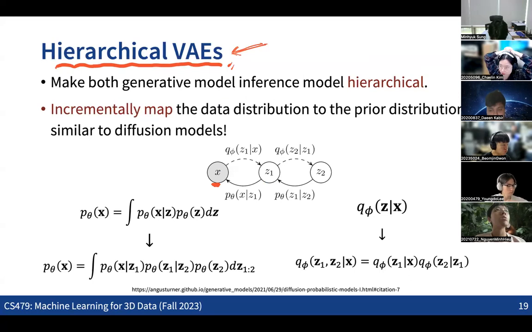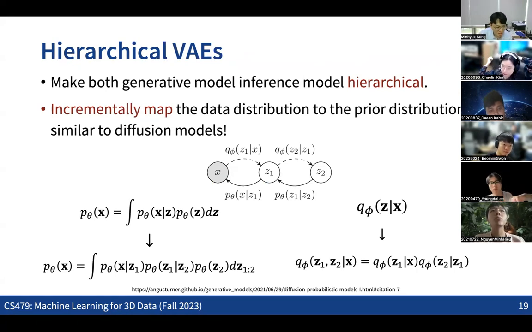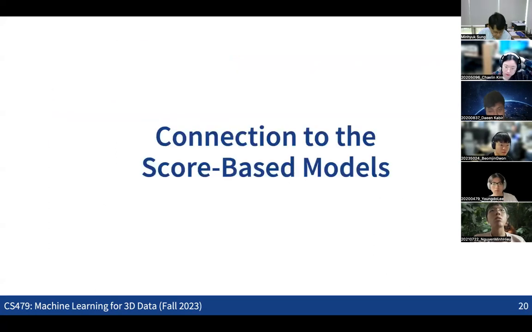This is also similar to the diffusion models, but the way that we are learning the probability density function is different. Also, this hierarchical VAE formulation is known to be really difficult to optimize, in terms of all the parameters. That's why we started to see the idea of the diffusion models and also the score-based models. Has anyone heard about these score-based models?